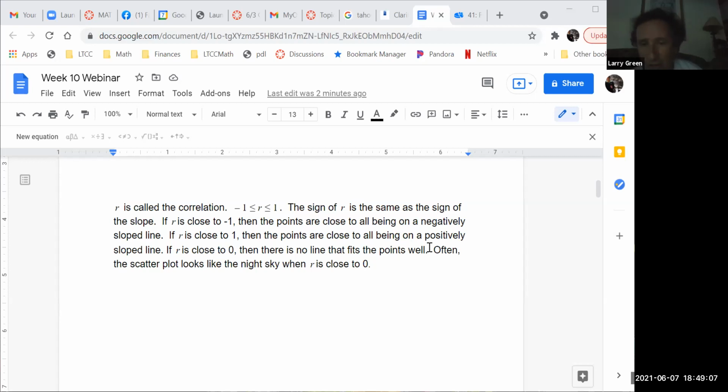And if there's no trend whatsoever, then R is going to be close to 0, which we saw when we were looking at the age versus the number of classes you have left to take for your degree. Any questions on the correlation?